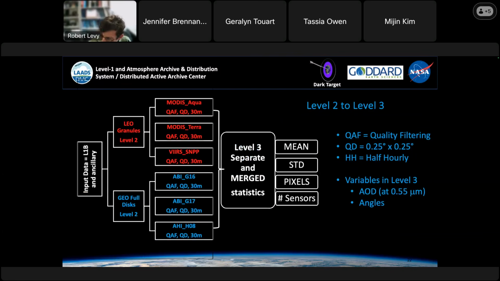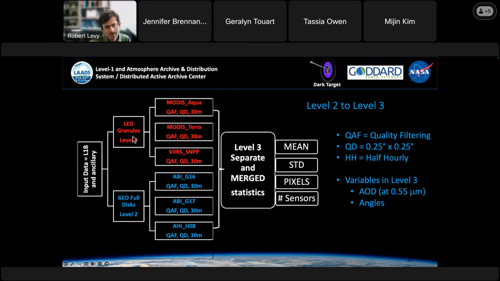And for our intention for level 3, we do have a couple of bugs still in here, so we don't have level 3 data available yet. But the idea is that you take each of the level 1s, which are the individual reflectances from each sensor separately. We do our retrievals for each sensor separately, so we have all the LEOs and all the GEOs. Then we apply quality filtering.